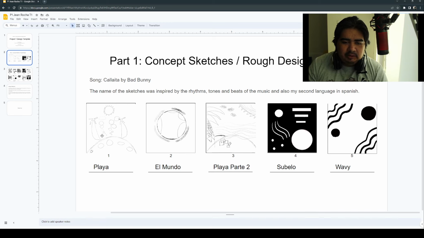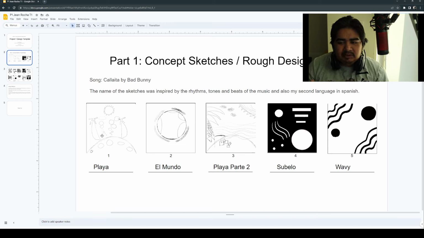For these couple of designs, I was inspired by the song Gallita by Bad Bunny in relationship to my Latino heritage. The names of these sketches were inspired by the rhythm and beats of the song, because it gives off a sense of beach feeling.